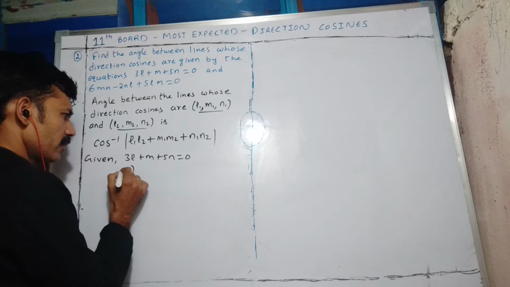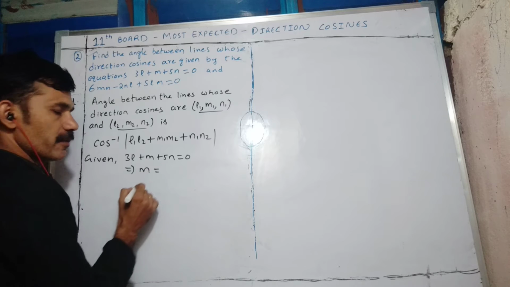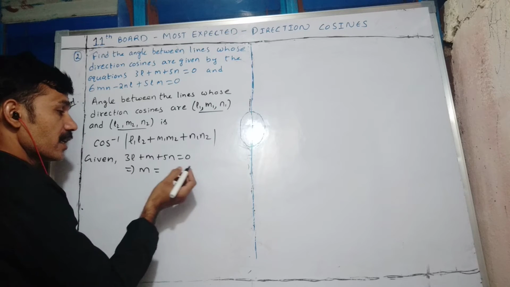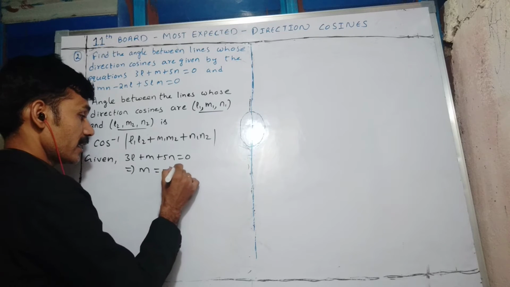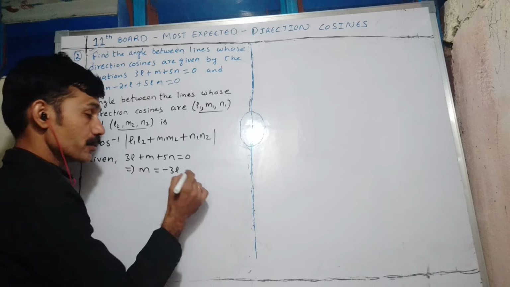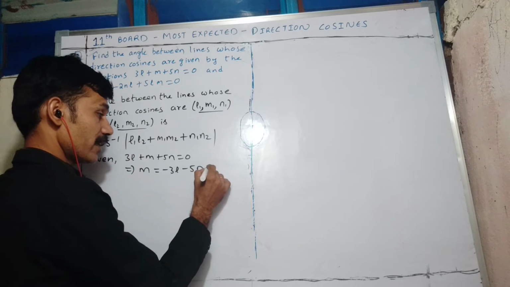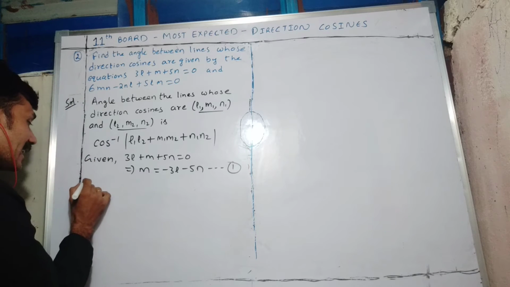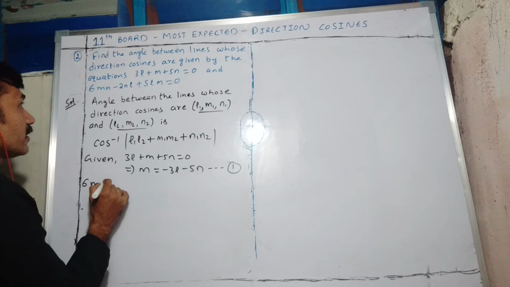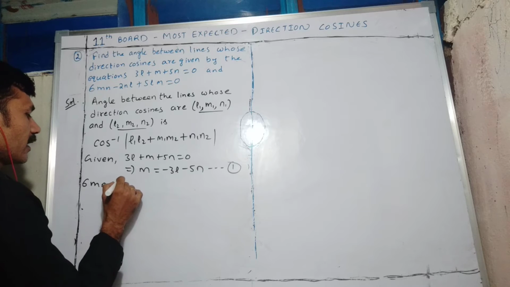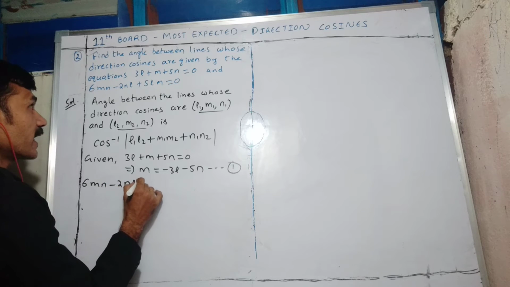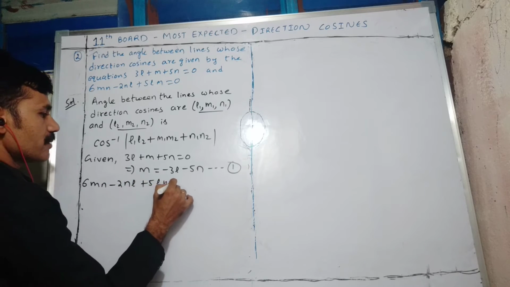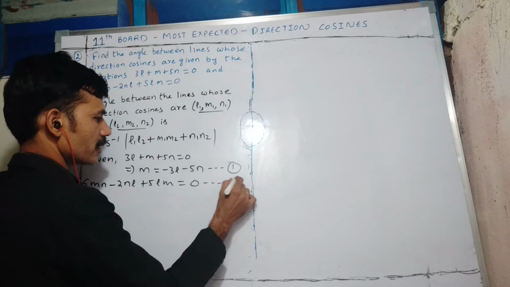Here we can make m the subject: m equals minus 3l minus 5n, transposing 3l and 5n to the other side. We take this as equation 1. The other equation given is 6mn minus 2nl plus 5lm equals 0. This is the second equation.